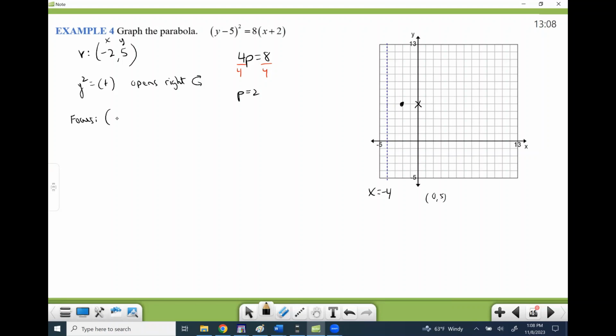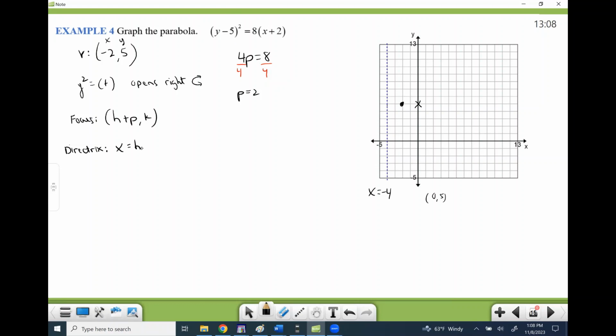So it's always h comma k, you guys. You just have to decide if you're going to be adding the p to the h or to the k. Since it's y being squared, everything's going to happen to the x. It can either be an x equals or a y equals, but since it's y that's squared, it's going to be an x equals.